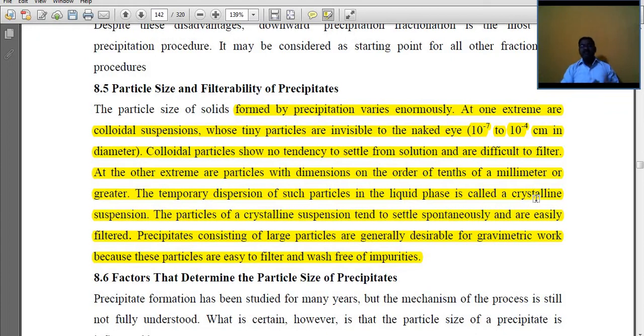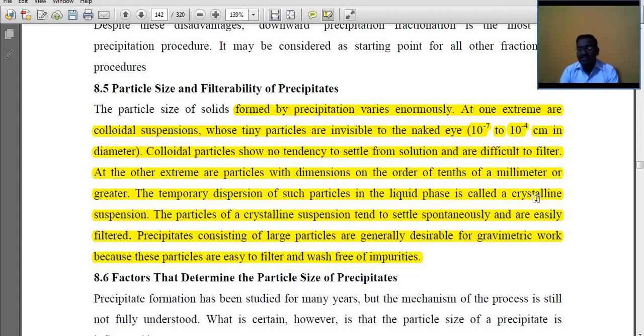At one extreme are colloidal suspensions, whose tiny particles are invisible to the naked eye. The colloidal particles show no tendency to settle from solutions and are difficult to filter.